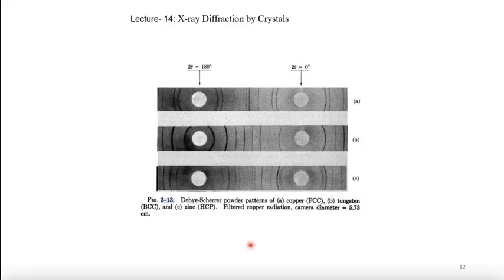Nowadays, most laboratories take powder patterns by diffractometer, not going through the Debye-Scherrer camera or even the linear camera. But we will talk about the linear camera and the principle of the diffractometer in the next lecture.